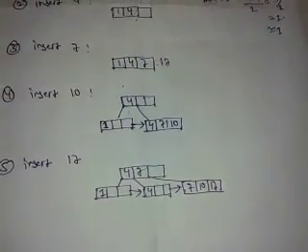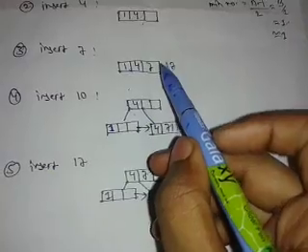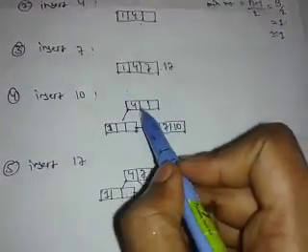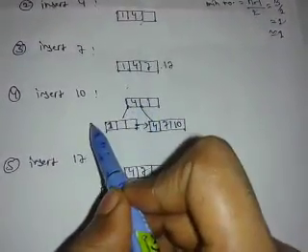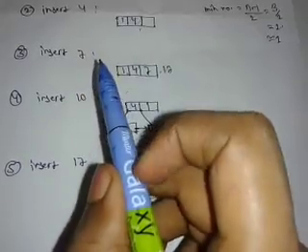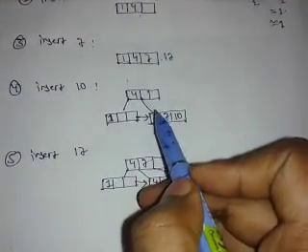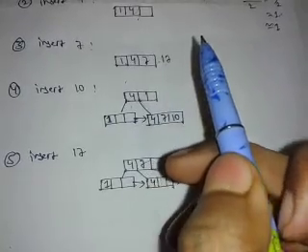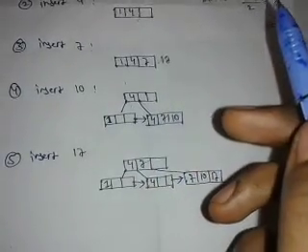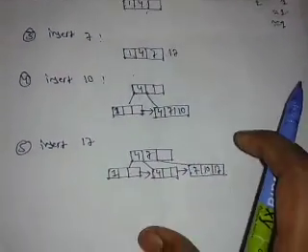One thing I forgot to mention here: whatever comes left of the element, like left of the 4, is strictly less than 4, and whatever comes right of the element is greater than or equal to 4.